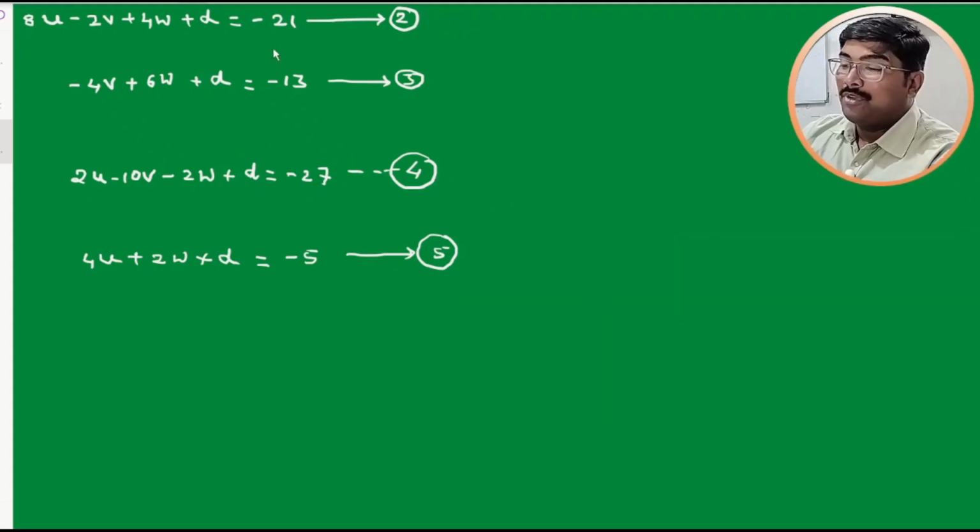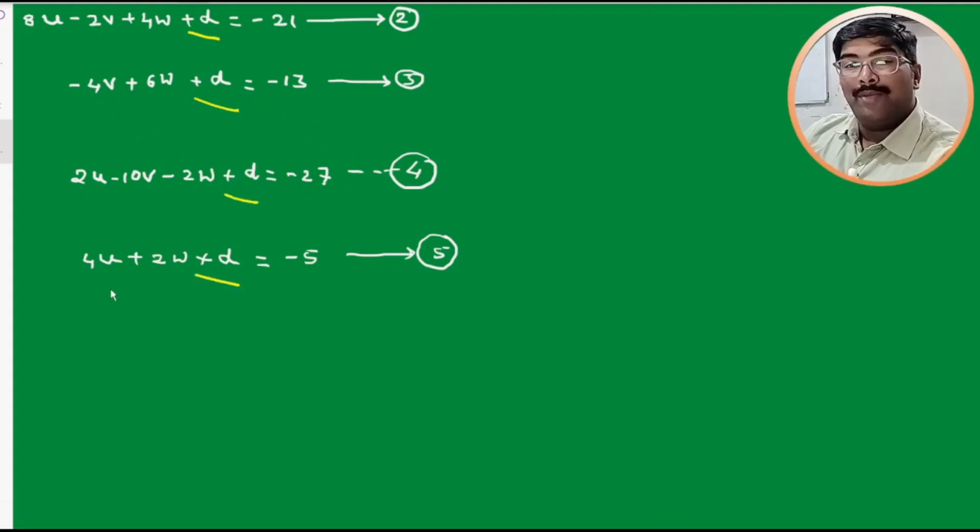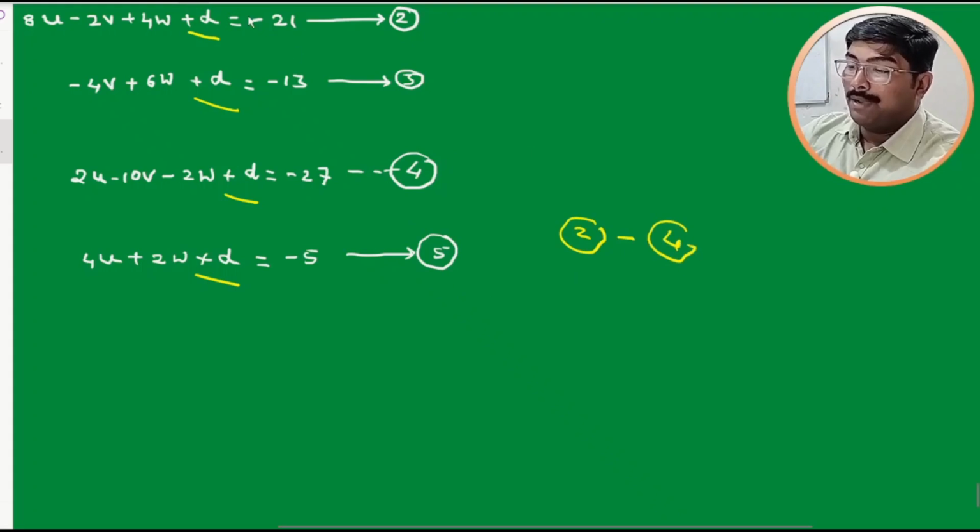For this, from equations 2, 3, 4 and 5, try to eliminate plus d. To eliminate plus d, equation 2 minus equation 5 means d gets cancelled.